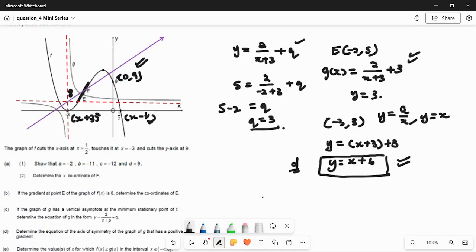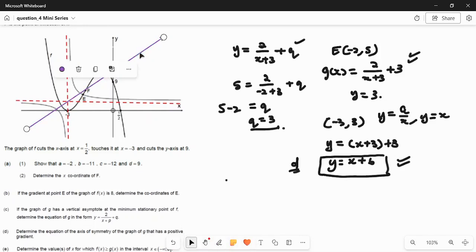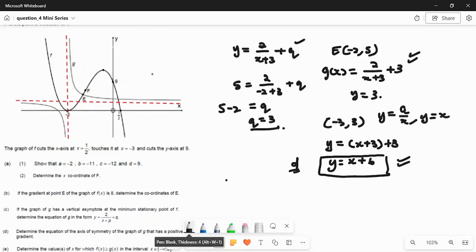So let me erase some things. Erase these coordinates. Even that one, let's delete that. Now let's look at our function of f.